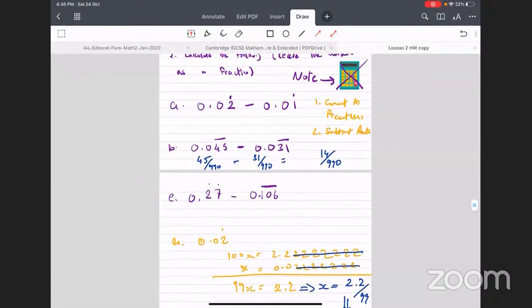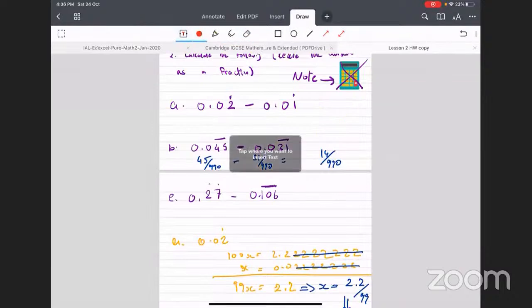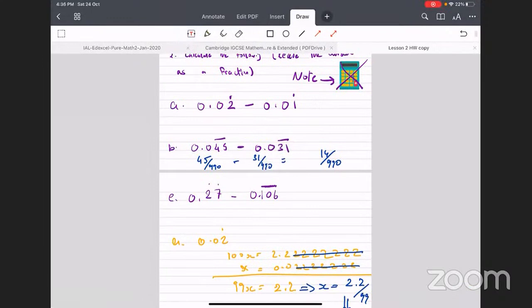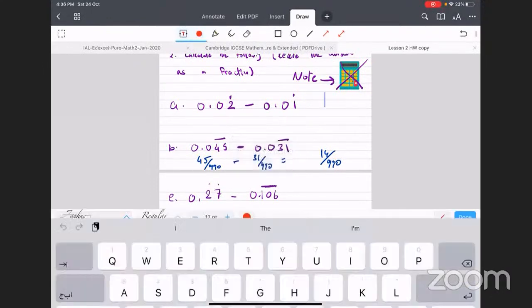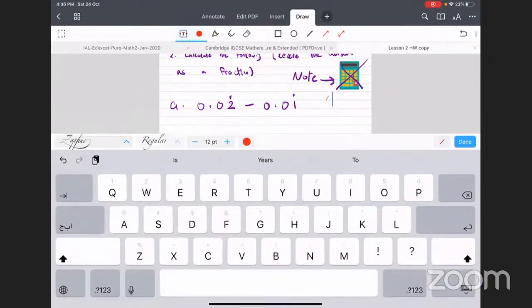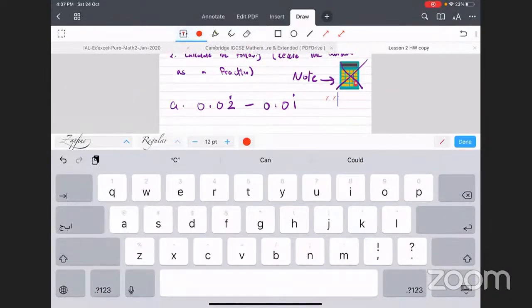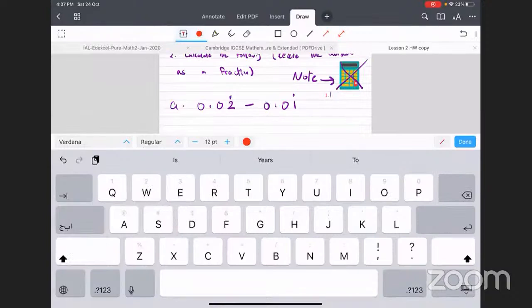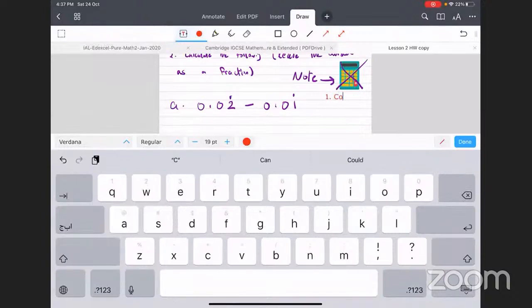Okay, so you understand you need to convert to fractions, then subtract the fractions. Let me write it as a text. Step number 1: convert to fractions.